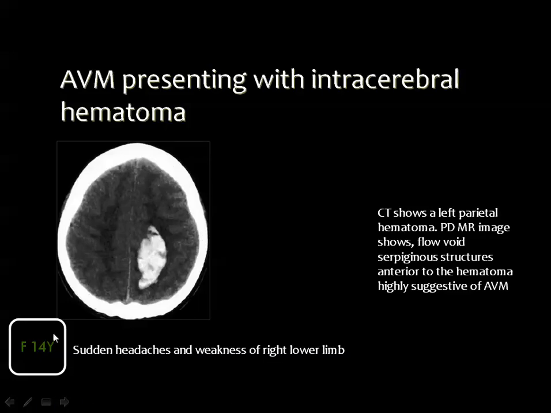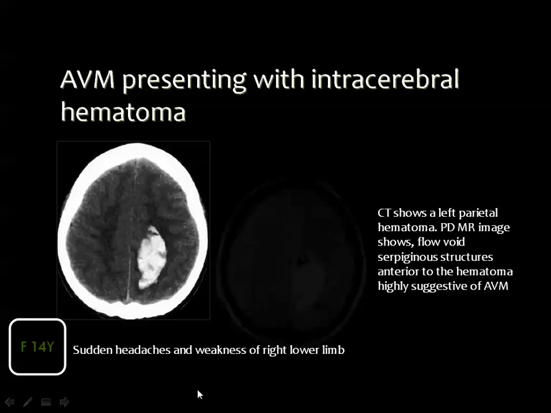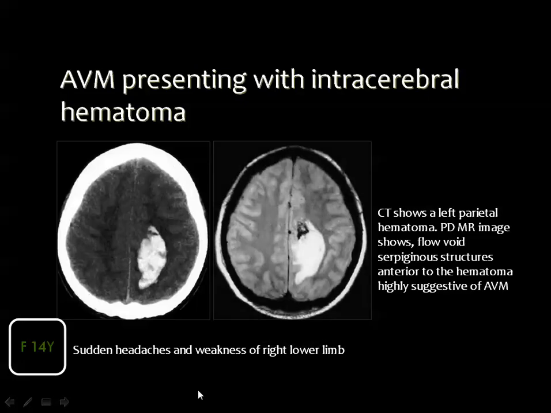And because of the young age of the patient, you may suspect an underlying pathology, and MRI is one of the helpful diagnostic tools to discover the underlying pathology, and also the selective angiogram may help. And here you can see in this area, this is the hematoma, and you can see the small vascular malformation, which consists of multiple slightly dilated signal void vessels along the anterior aspect of this hemorrhage.